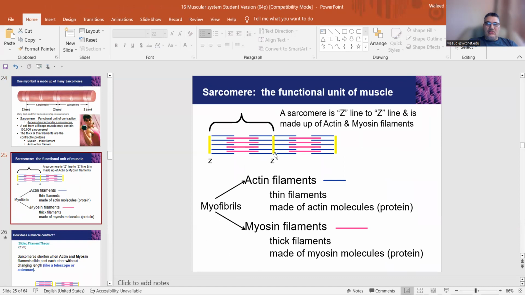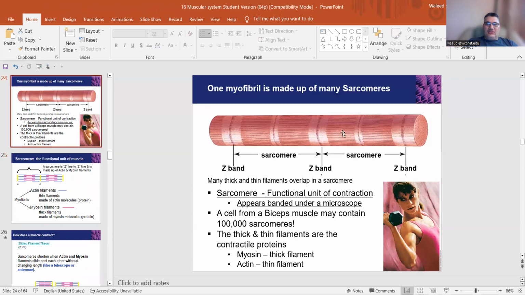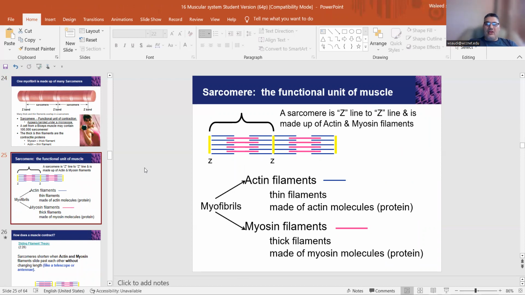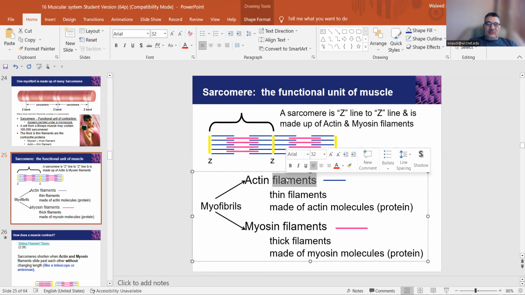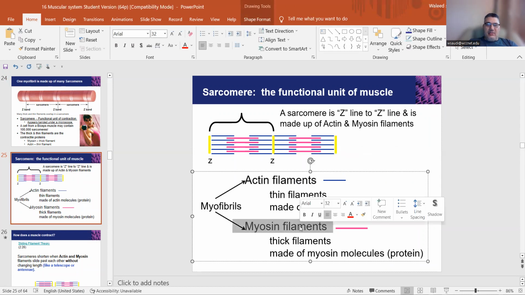Look at this sarcomere. The sarcomere starts from this line called Z to the next Z line. From Z to Z. Here is the actin, which is the thin, and this is the myosin, which is the thick.